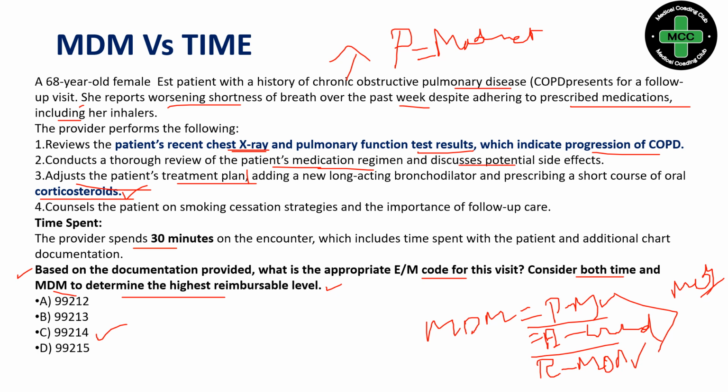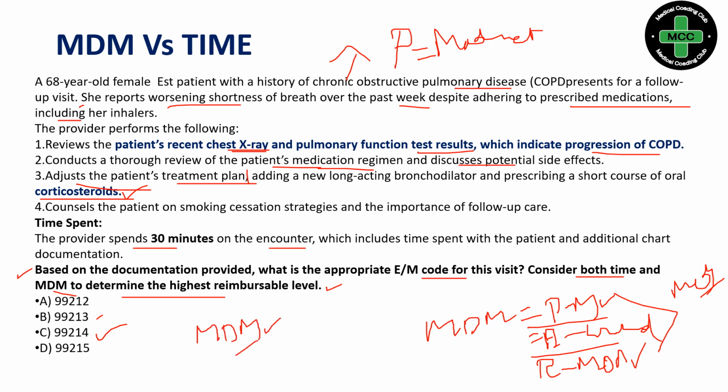The provider spends 30 minutes on the encounter. Okay, 30 minutes on the encounter. So for a 30-minute established patient, you will be getting level 3. So you have to go by the higher level, and the higher level you are getting is based on MDM.